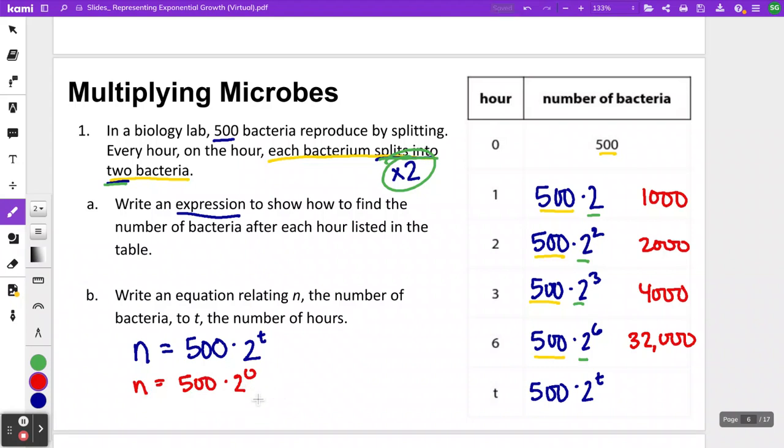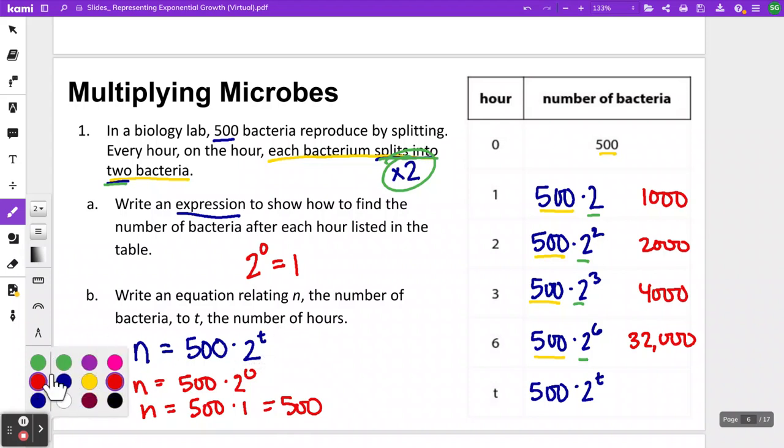If I go to do the math, we always start with the exponents, and I know from earlier 2 to the 0 power equals 1. So it says the number of bacteria is 500 times 1, which is just 500 here. That 2 to the 0 power, you can think of it as it didn't double at all. 2 to the 1 power means it's doubled once. This means it hasn't doubled at all, so it makes sense that it's equal to 500 there.